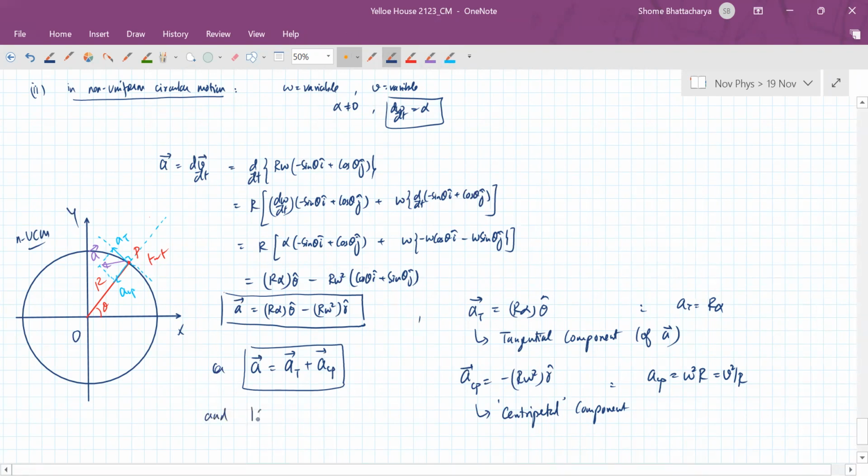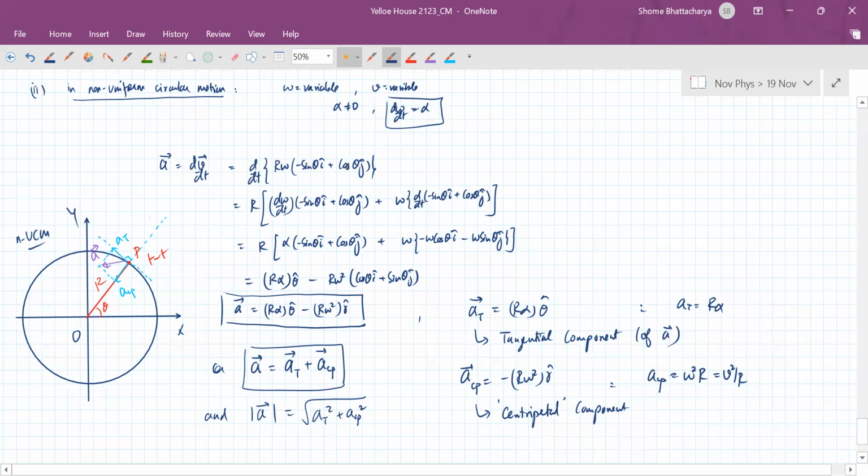So you can see that the magnitude of the net acceleration will become square root of tangential square plus centripetal square, because they are perpendicular components. So again, you see the importance of the radial and the tangential unit vector in these derivations. So that's extremely important. That was our starting point in the vector analysis, to define the unit vectors which give you the two important directions, the radial direction and the tangential direction.